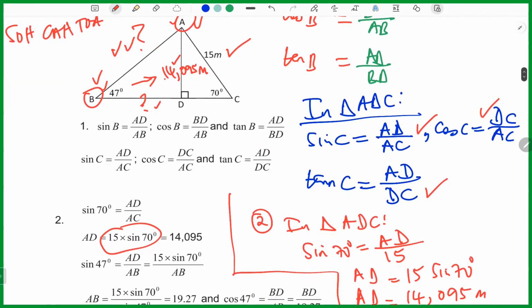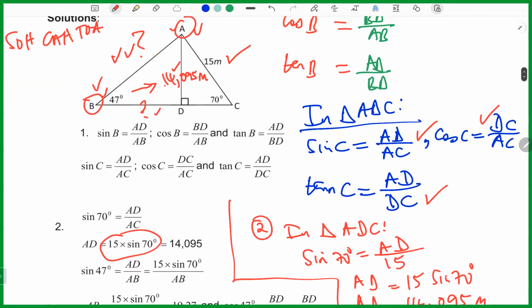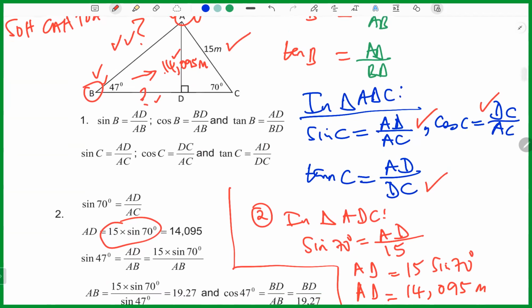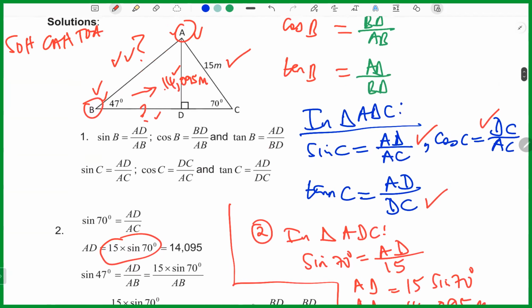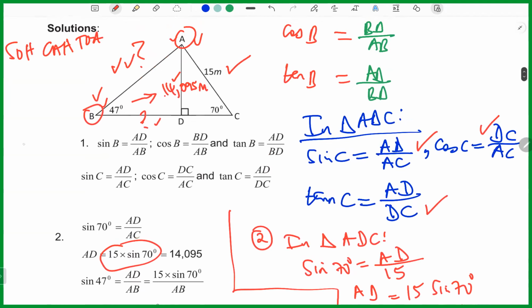So at this point, we can write that here. I can say in triangle ABD, right? So we have what?